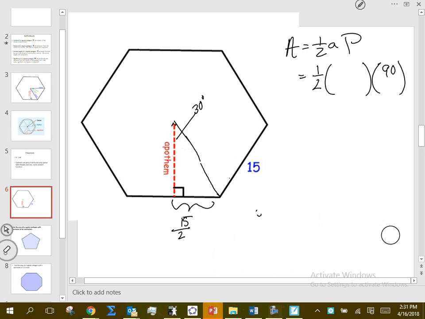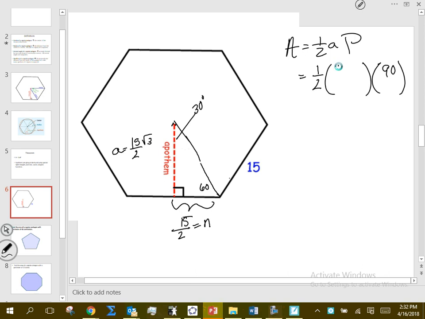Why do I leave it that way? Because it makes our math a little bit easier later on. It's just a 30-60-90 triangle now. Across from 30 is your n side, and across from 60 is your n radical 3 side, right? So I take my n value and multiply it by radical 3. And there's my apothem. That's lowercase a right there.